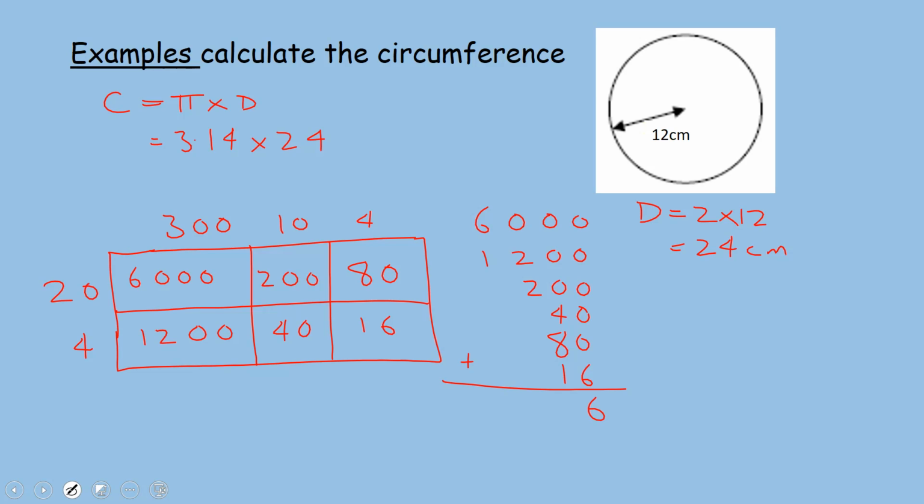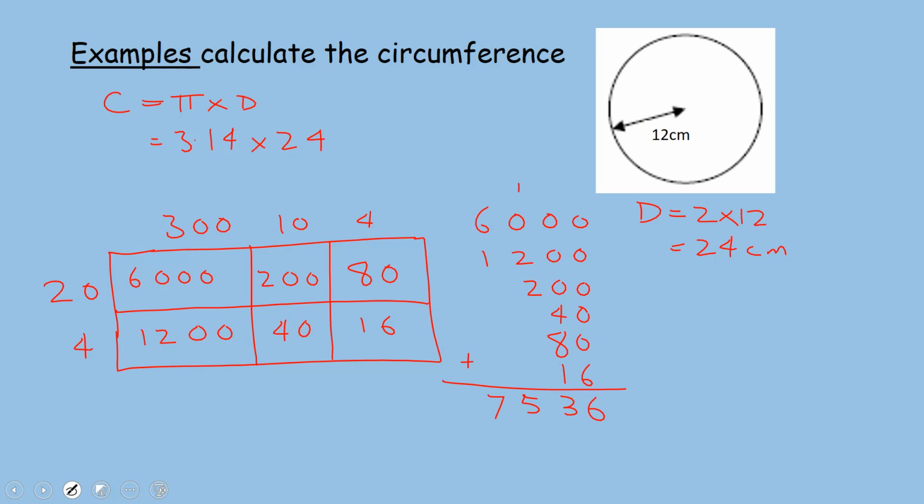My second column, I've got 4 plus 8 is 12, plus 1 is 13, plus 3, and I'm going to carry this 1. I'm going to say 2 plus 2 is 4, plus that 1 at the top is 5. And then my last column, my thousands column, is 6 plus 1, which is 7.